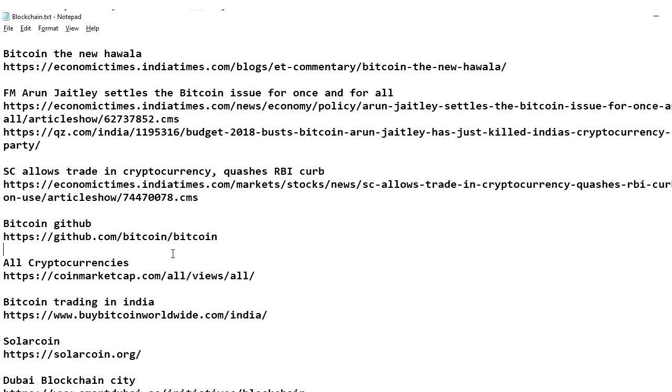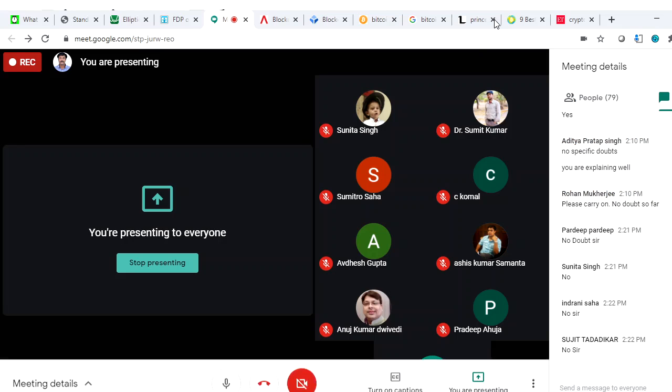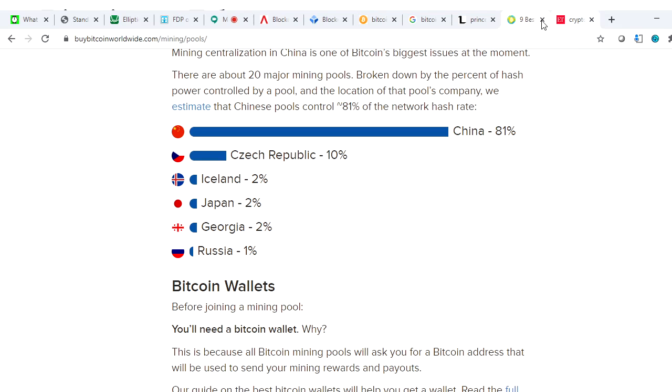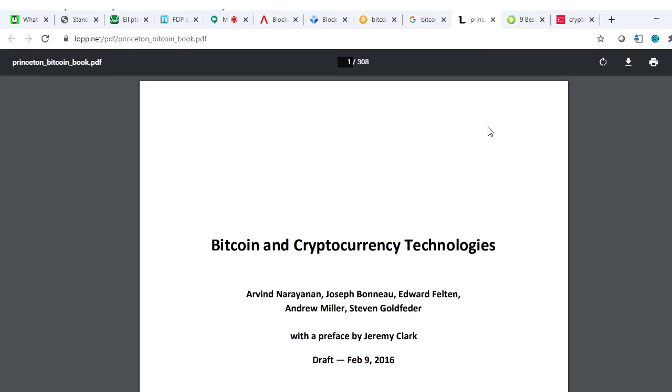So it is up to the participants whether to trade the virtual currencies or not. There are so many other wallets available for Bitcoin currencies. At the same time, the Bitcoin blockchain organization itself provides wallets. You use whatever wallet you like. My recommendation is to use genuine wallets, because a wallet is just like your UPI payment.